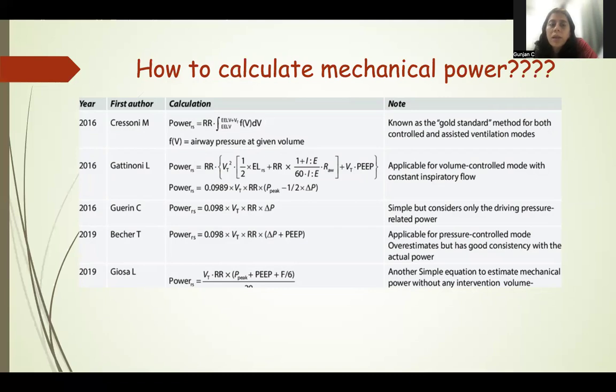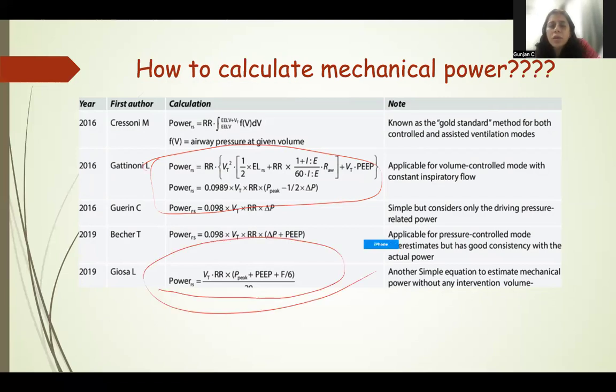Since 2016, when Gattinoni described this terminology, there have been various studies, and Gattinoni gave a very complicated formula, and more and more people came up with more and more formulas. The simpler formula that we can use is the one given in 2019 by Giosa et al. And it is one of the simplest equations.